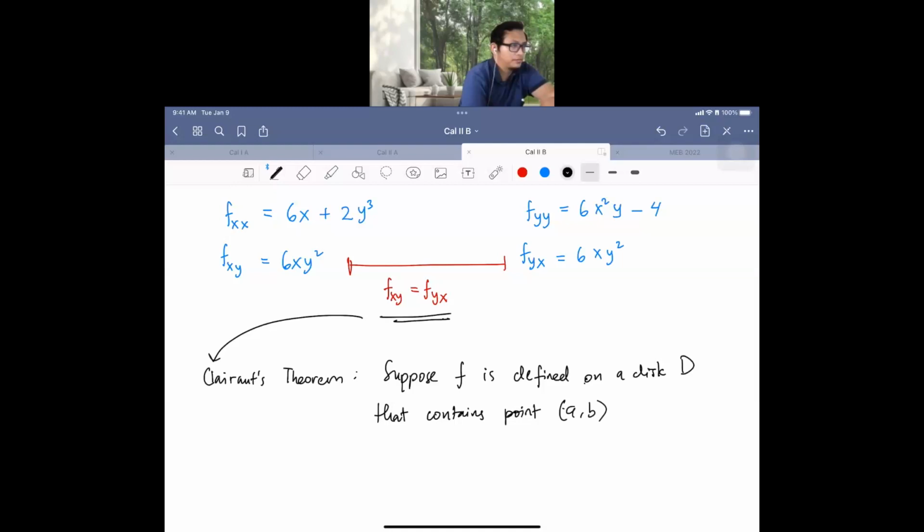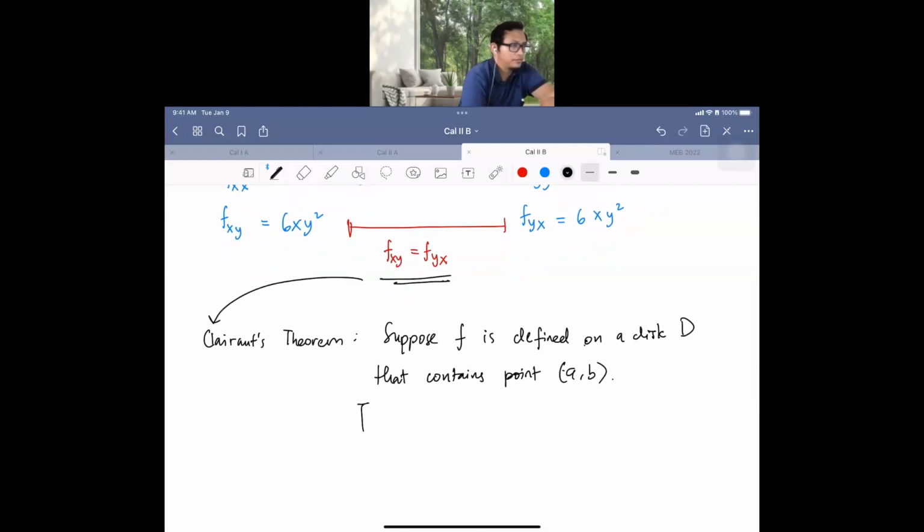If partial xy and partial yx are both continuous on D, then partial xy is equal to partial yx.